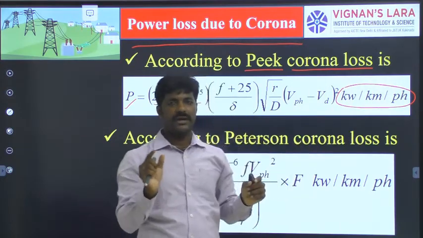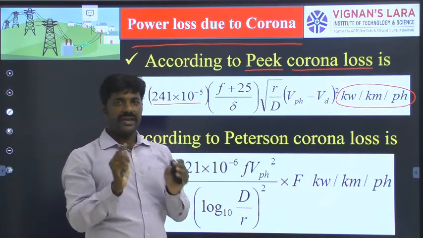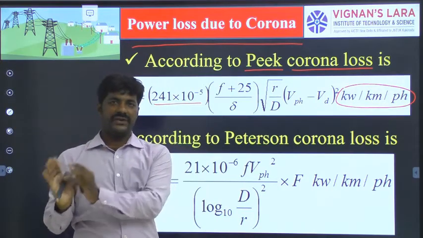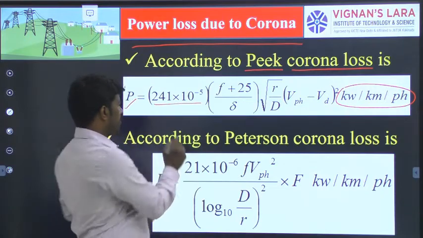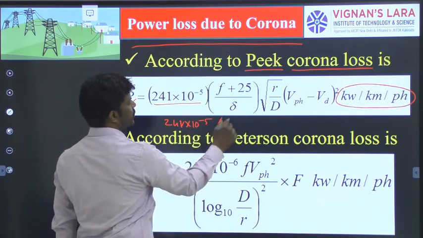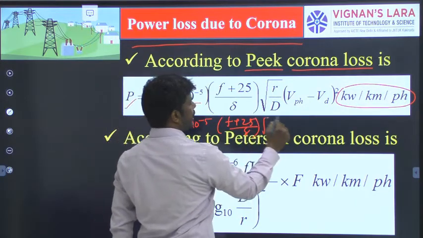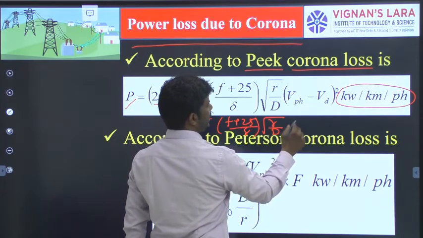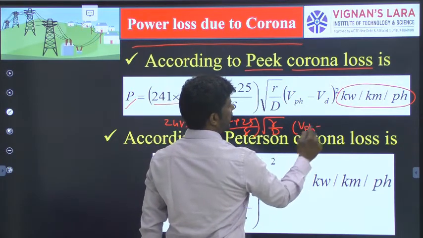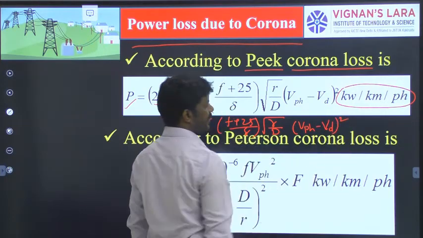So the unit is important. It was measured in kilowatts for a length of 1 kilometer for one phase. The magnitude is 241 into 10 power minus 5 into (f plus 25) by delta into square root of R by D into (operating voltage V phase minus disruptive critical voltage) whole square.